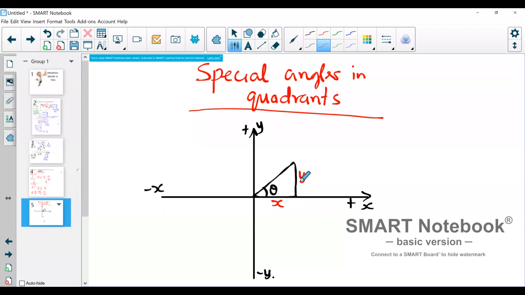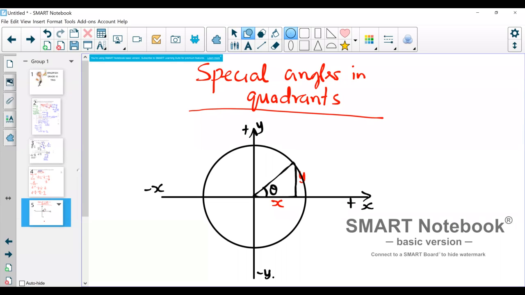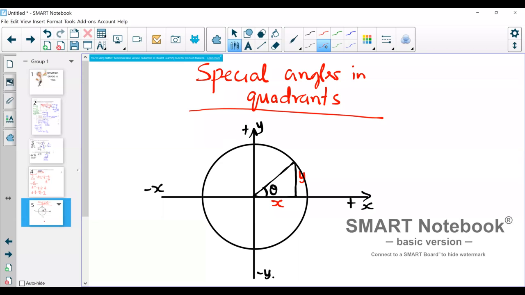If I were to draw a circle around here, look at this. I'm going to draw a circle there. Good. If you look at that circle, what do you call from this point to that point? It's a radius.